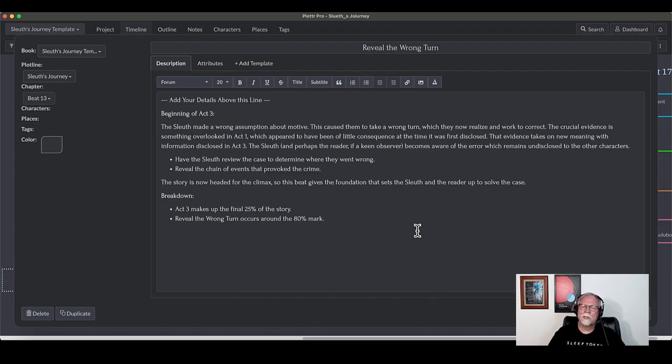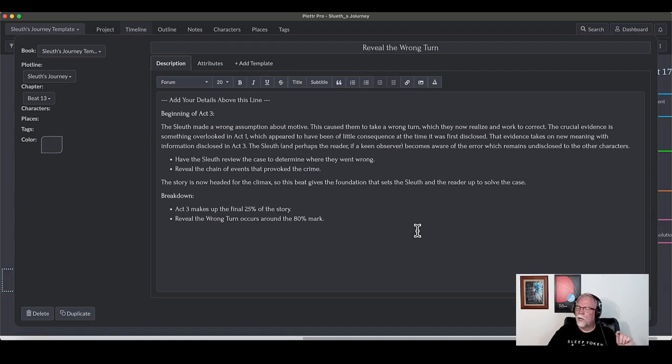The crucial evidence is something they overlooked in Act 1. So remember those clues we planted back there, or that you as discovery writers are going to go back and plant in Act 1? This is where those clues start to pay off. They appeared to be something that didn't really matter. It was of little consequence. It was just something that was dropped in the text, but it takes on new meaning here.